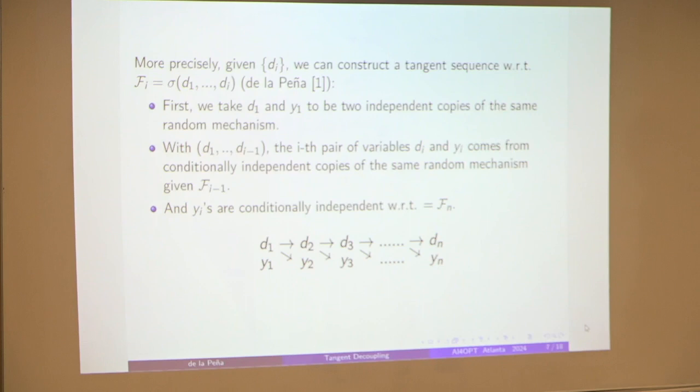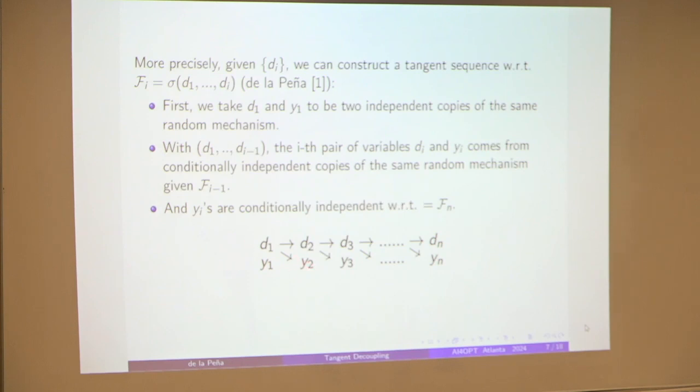So you generate two independent copies using the same mechanism, D2 given D1. That will be clear when I show you how to do it for drawing balls from a box.